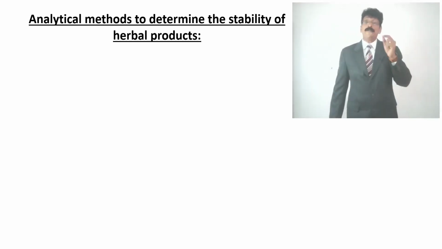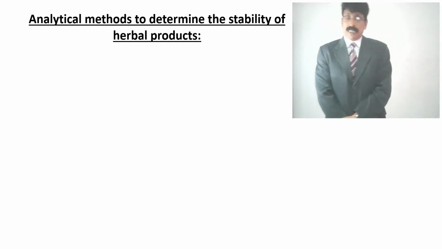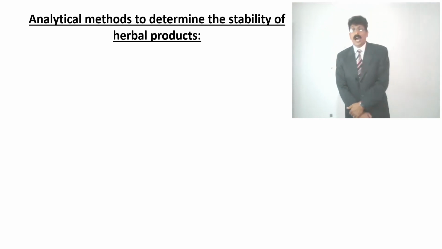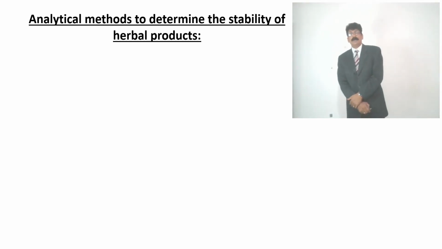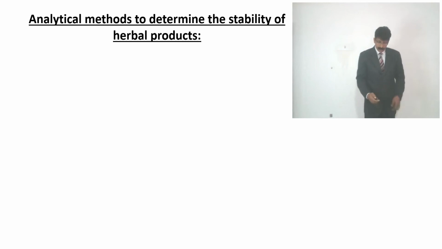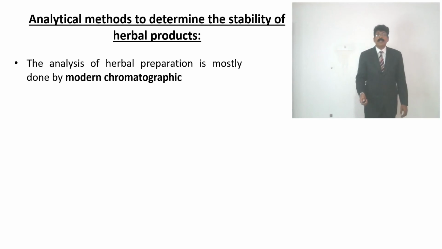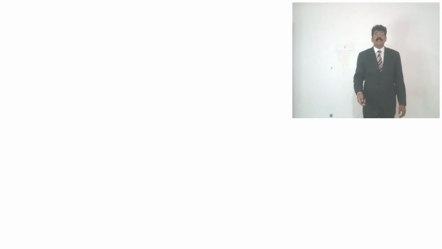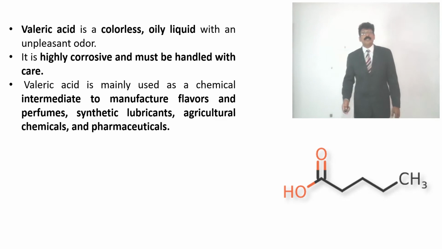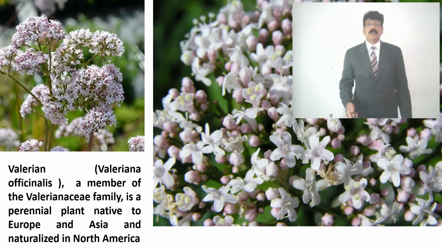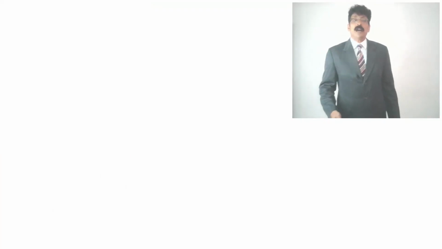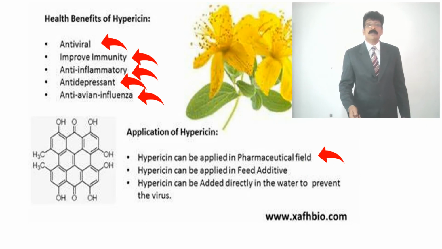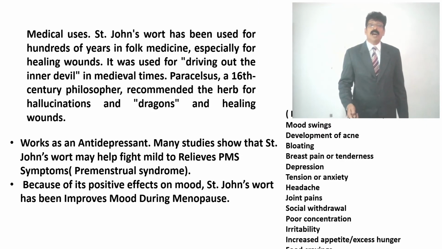I have given only 3 examples of how they are applicable for this purpose. Anyhow, we have to see the analytical methods. Before that, I want to remind you where we are at present.